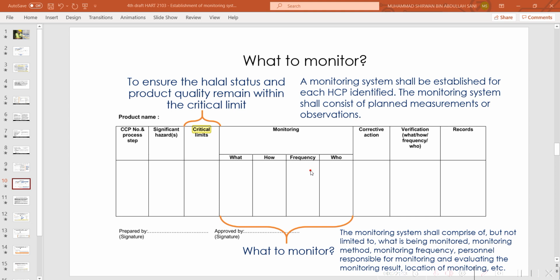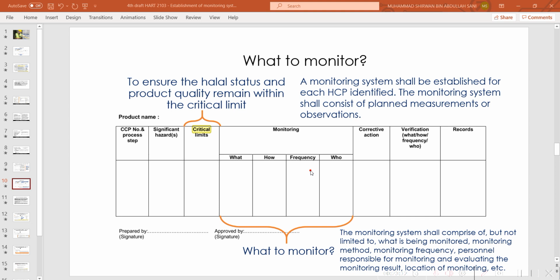Sometimes frequency could also depend on the company operation. For example, one company has a 24-hour working period, so they will divide into three shifts. During one shift, you can monitor the temperature, the humidity, and the machinery in your production premise.